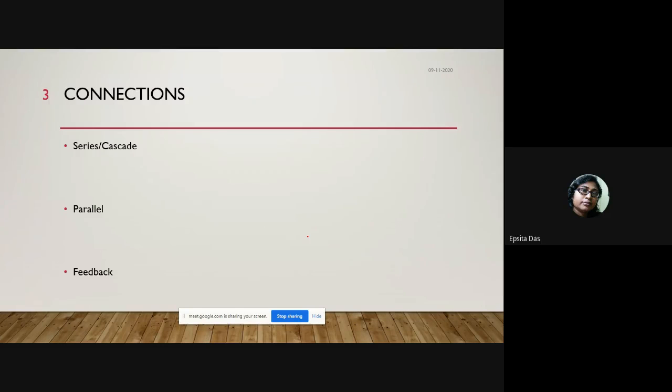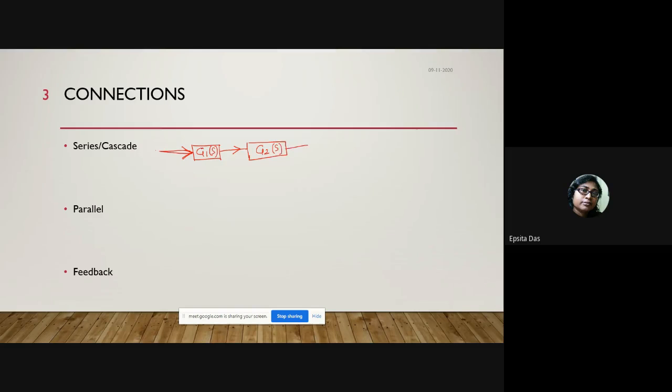Now, what is series? I have also mentioned it in the previous class. Series means suppose the signal is coming from the left hand side to the right hand side and I have a transfer function G1(S) here, and just adjacent to it there is another block, say G2(S).